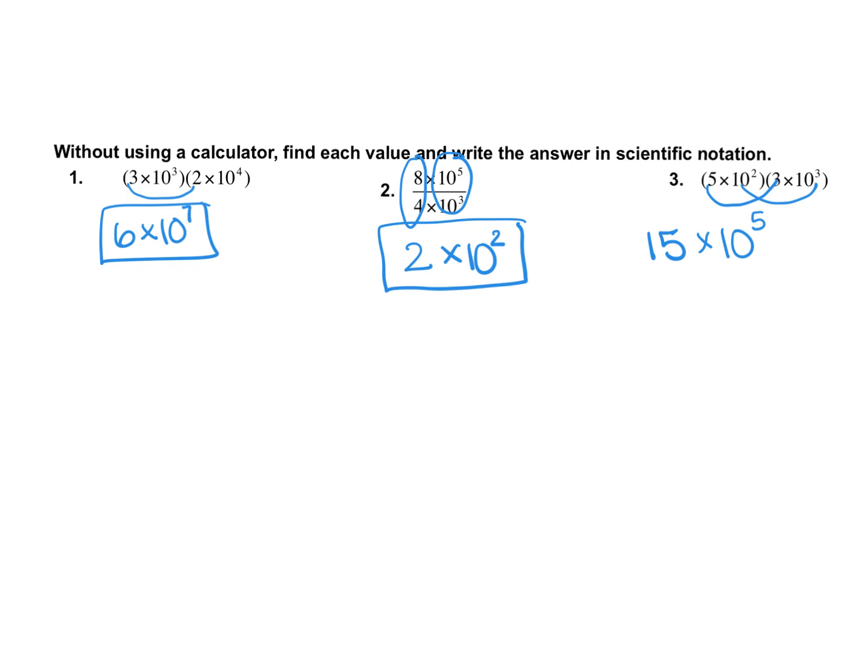And so in order to put the decimal right here, I need to make it so it's greater than or equal to 1, less than 10. I just made our new number smaller by 1. And because I made my new number smaller by 1, I need to increase my exponent by 1.